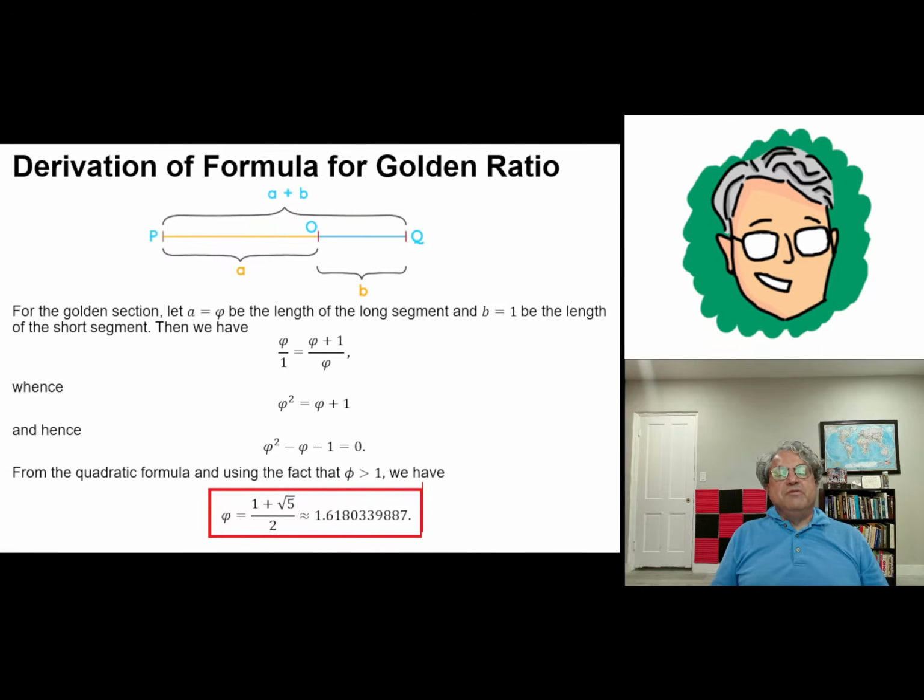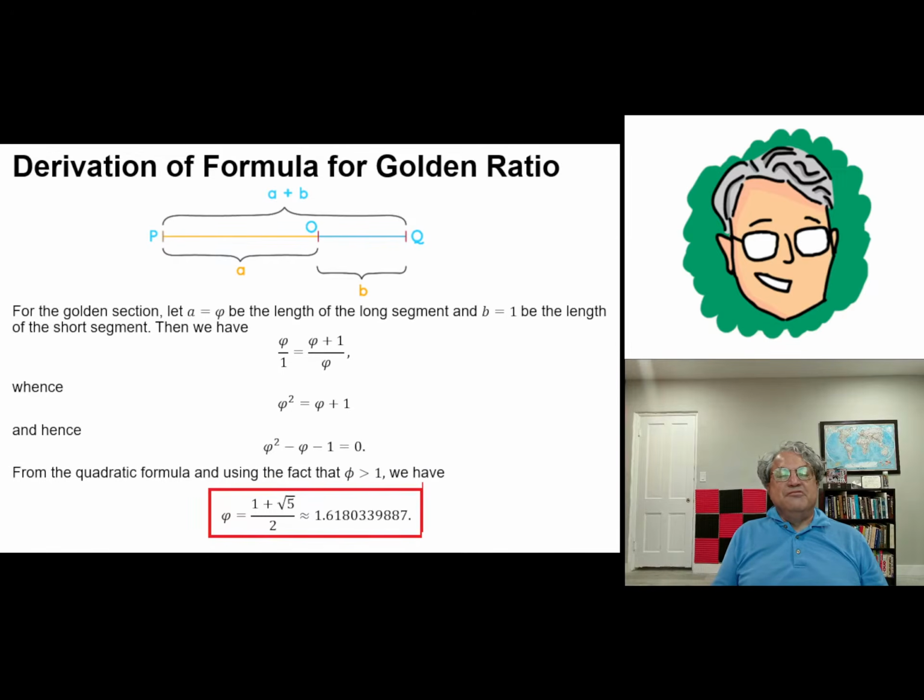I think you guys probably know how to solve quadratic equations. You just apply the quadratic formula. In this case, A is 1, and B and C are both negative 1. If you apply the quadratic formula, you'll find that phi is equal to 1 plus or minus the square root of 5, over 2. But it's not 1 minus the square root of 5 over 2, because that's negative, and we know the golden ratio is positive.